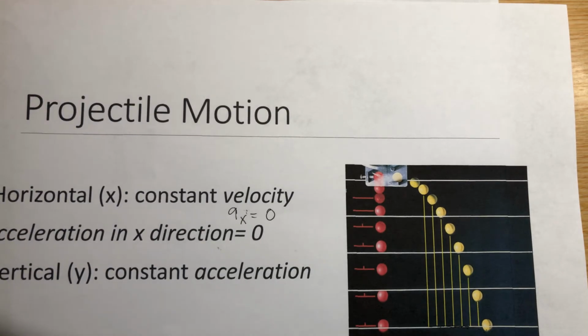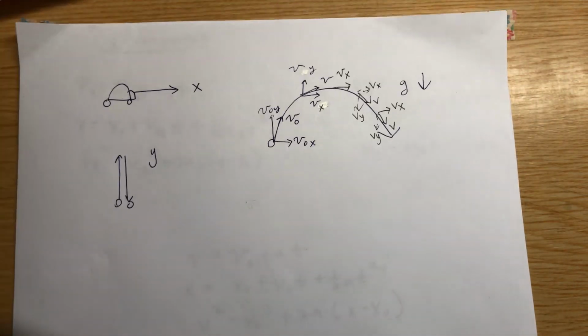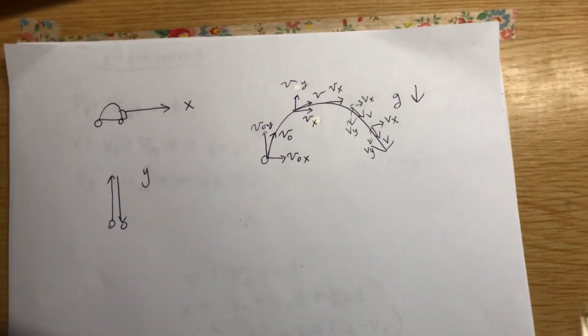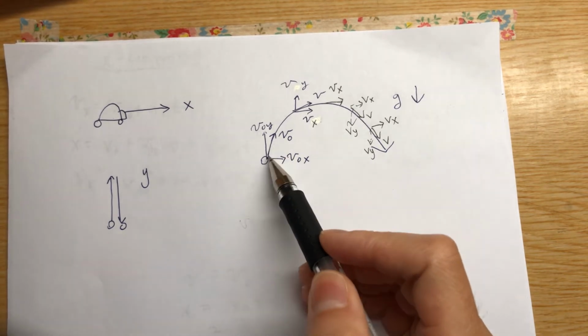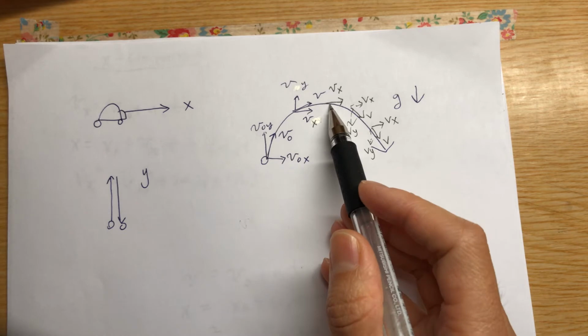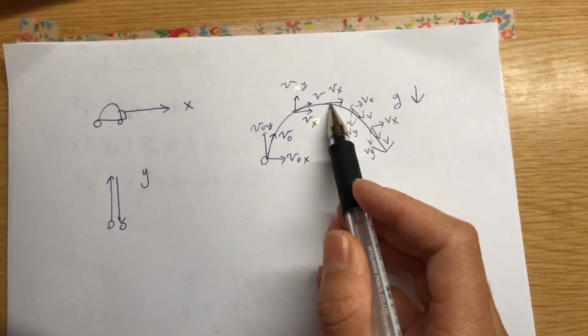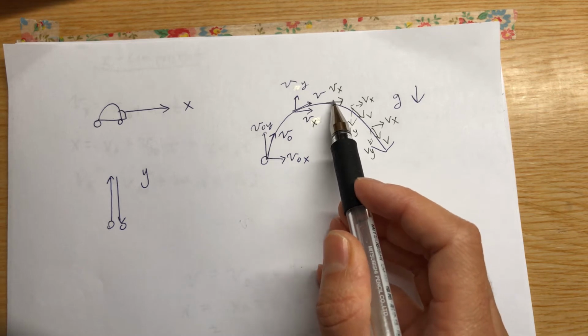Okay, let's turn to slide 10. So notice here that velocity goes from positive, and here on the top there's only a Vx, there's no Vy.